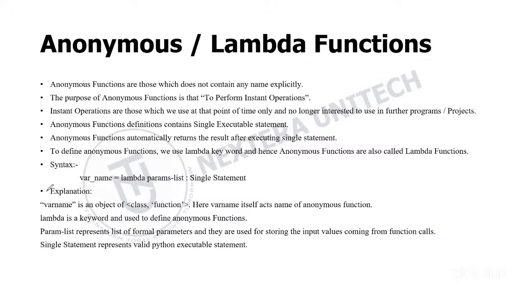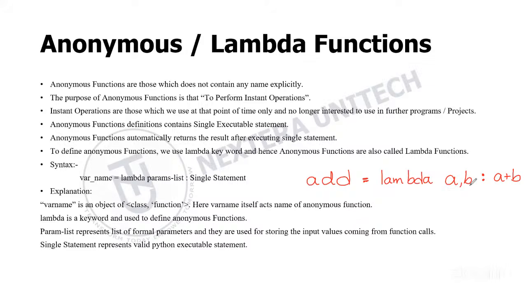For example, a simple example is, let's take add. In add, we'll do the addition, right? So I'll write lambda. I'm creating a function which will do the addition of two parameters. My parameters are a, b. Then I'll write a colon. Now I want to perform addition, that is a plus b.